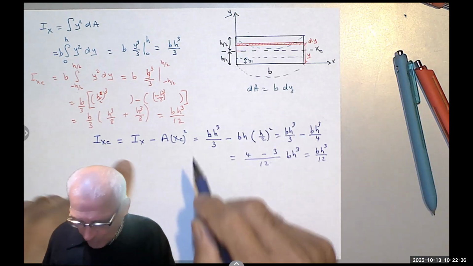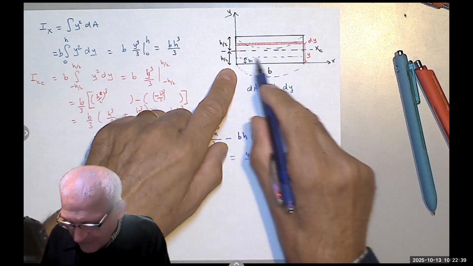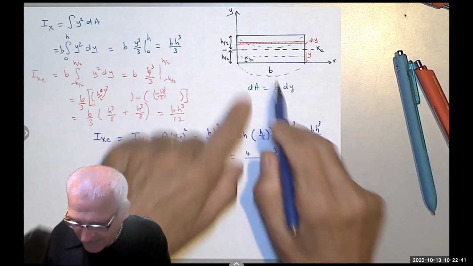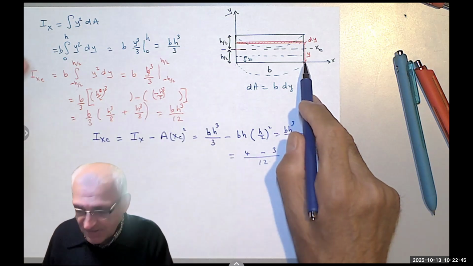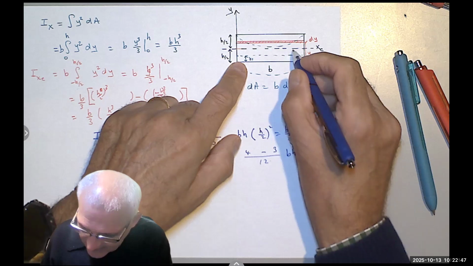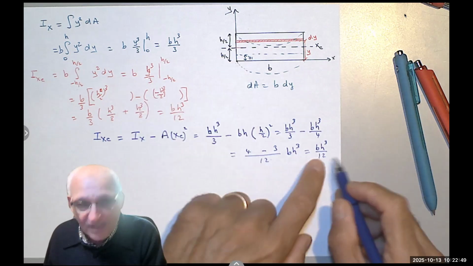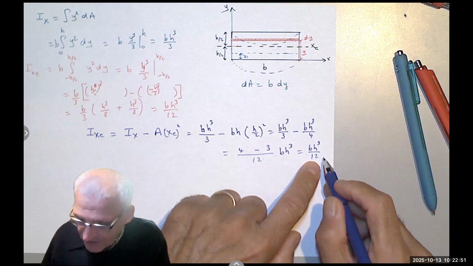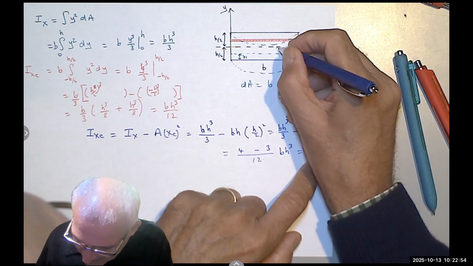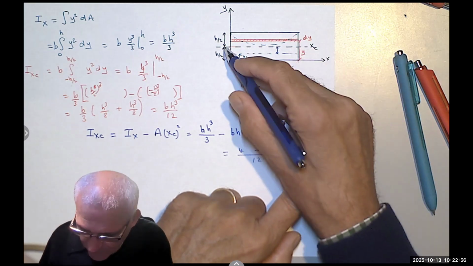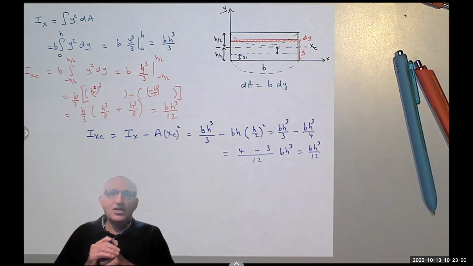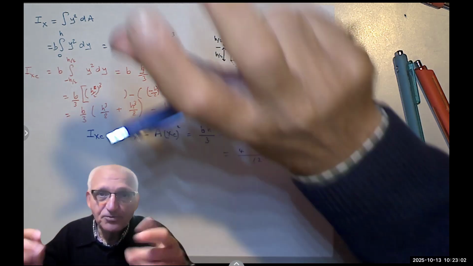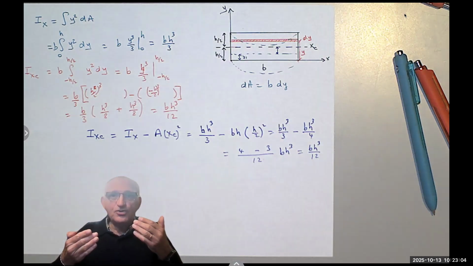Meaning, in order to find the moment of inertia about this line, I'm going to say it's bh cubed over 3 if I didn't know the moment of inertia about the centroid. Subtract the area times h over 2 squared to get the moment of inertia about the centroid, and then add the area times this height, which is h over 2 minus y1, squared. So going to the centroid, you subtract; going away from the centroid, you add.